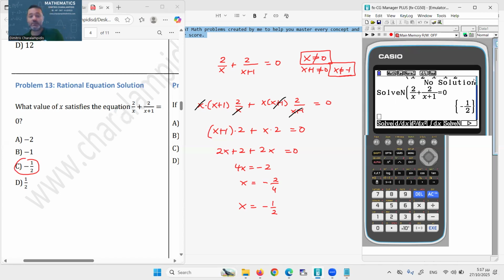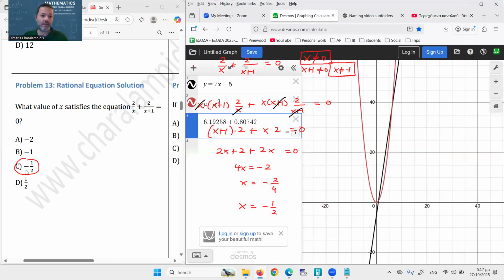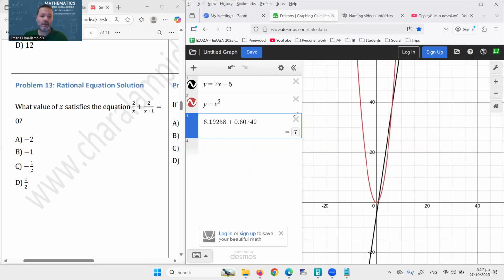And in case we don't feel confident in solving it by hand, in case we do not have the luxury of having any calculator, it's still fine. We can use what the AP actually offers, which is the Desmos. So if I go on the Desmos, let's clear the previous drawings, and let's clear these ones as well.